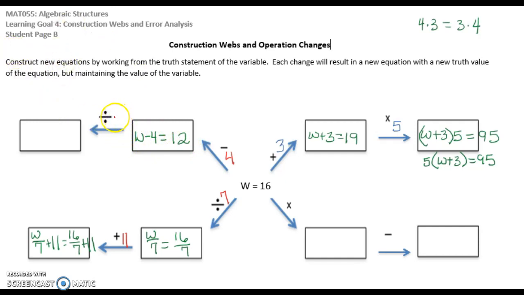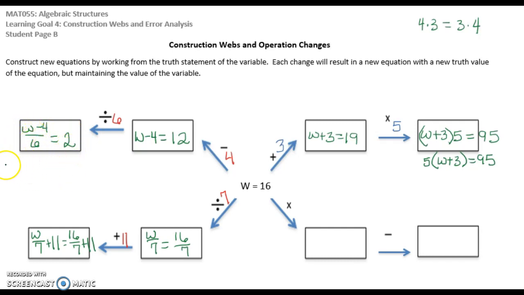And let's divide by 6. And when I divide by 6, I need to take this difference. So w minus 4 divided by 6, that is going to equal, so if we divide this value of 12 by 6, we know that the value of this new expression is 2.